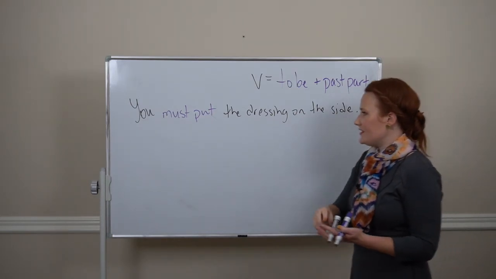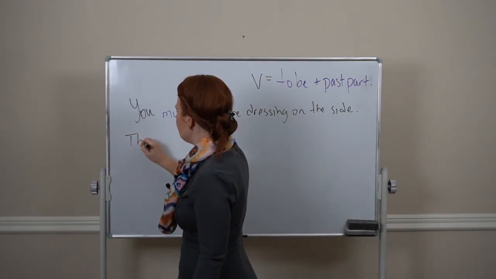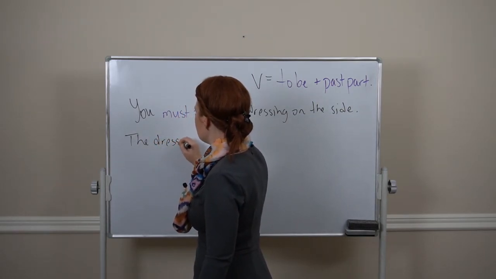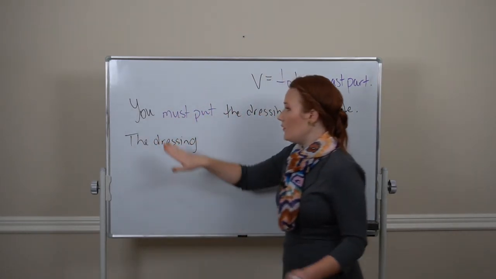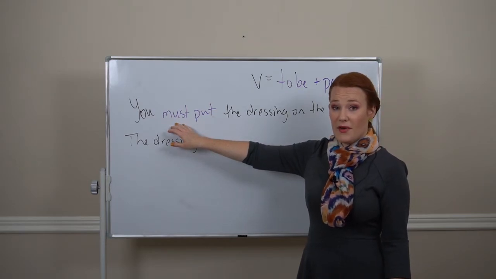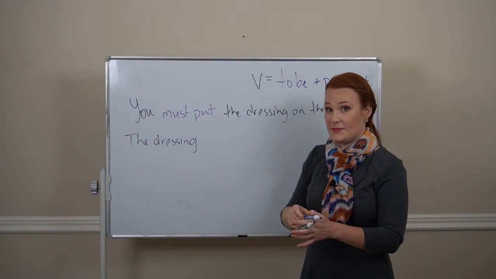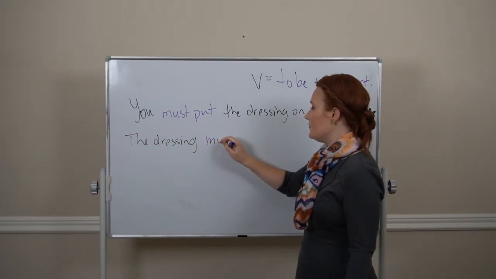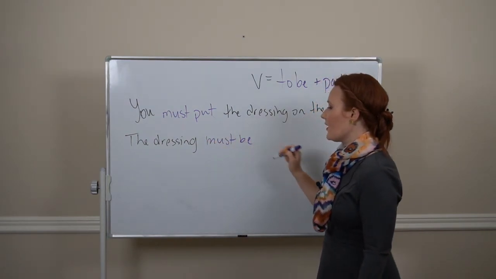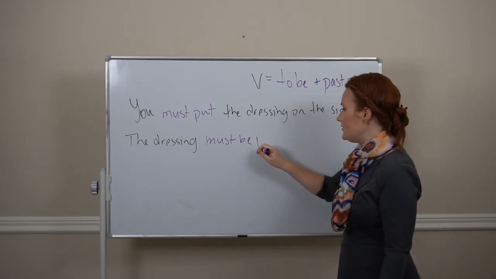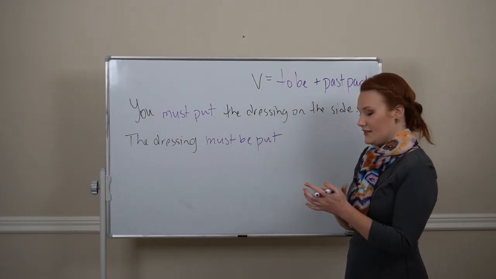Okay, so dressing goes at the beginning. Now we want the modal form with must of to be. So that is must plus the base form. The dressing must be. Then our past participle, put on the side.